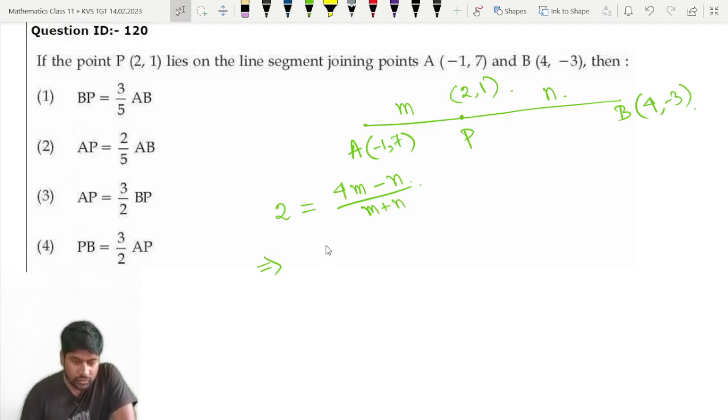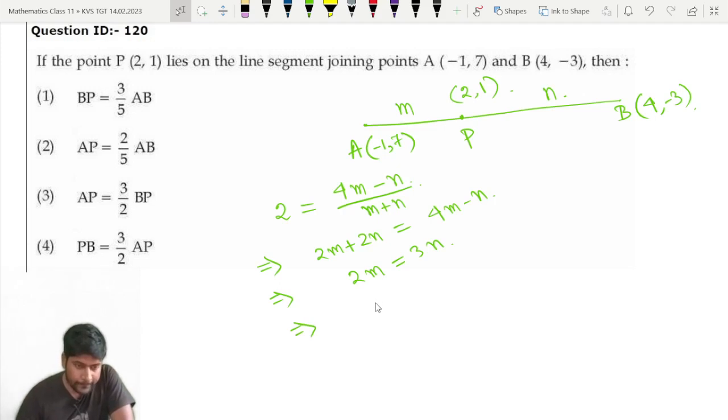So this will give us 2m plus 2n is equal to 4m minus n. That will imply 4m minus 2m means 2m is equal to 3n, so m is equal to 3 by 2 into n.